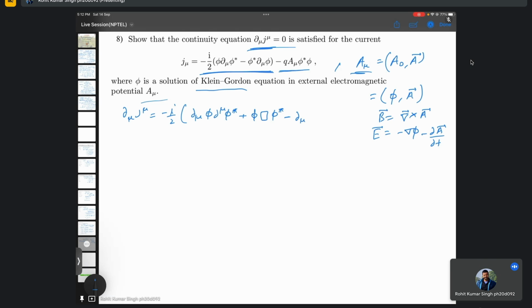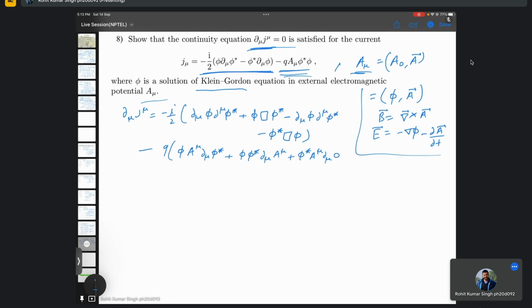Then for the second one we have this, minus phi star box phi, and for this term you will get this. Okay, so let's call it equation 1.